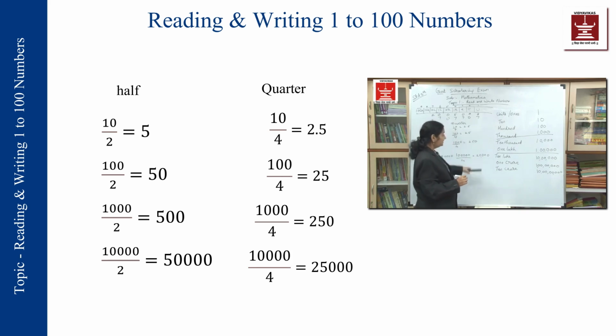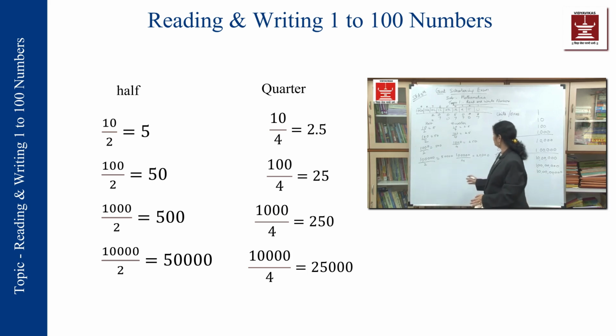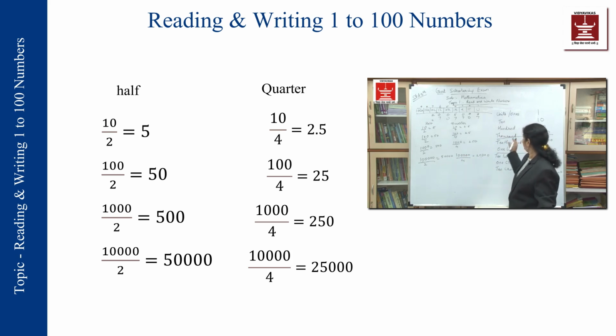Now, when is this used and how is this used? These values of quarter, how are they used? In the case of words, when I am writing a number in words, we'll use this information. Okay, just write it down so that we can use this information. I'll write it in one corner so that it will remain on the board also. For half and for quarter also.